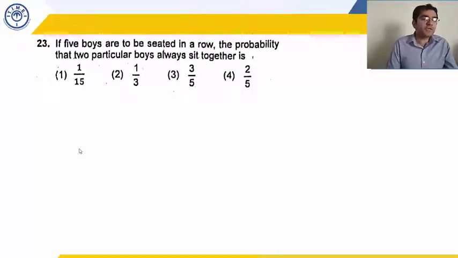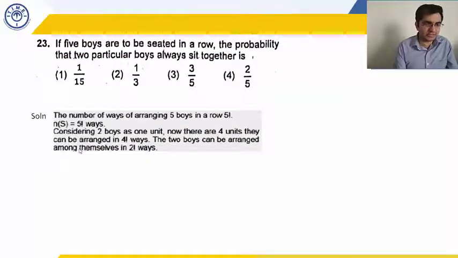So 5 boys to be seated in a row. The total number of ways will be 5 factorial.